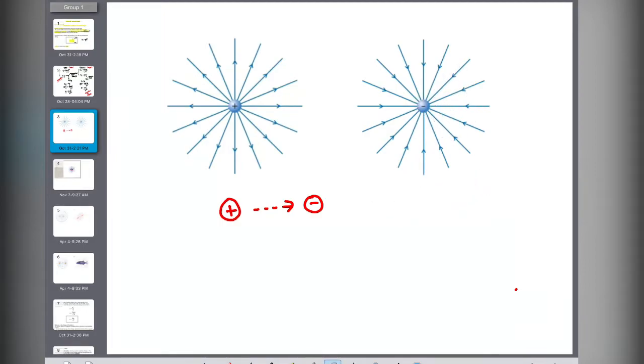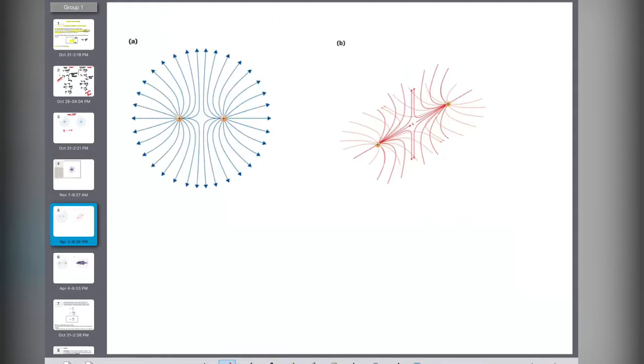So number one, these are called point charges. I have one single point. A point charge can be positive or negative, and they can interact with each other. If I put two together, they can start repelling.